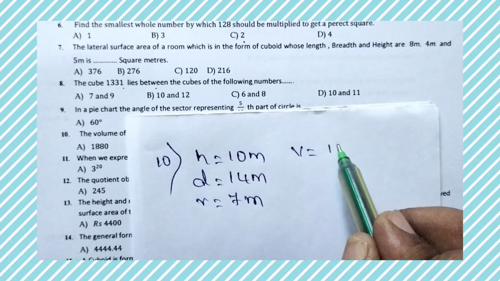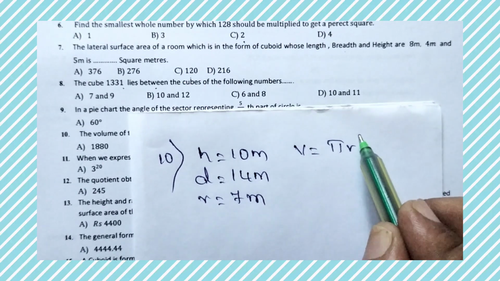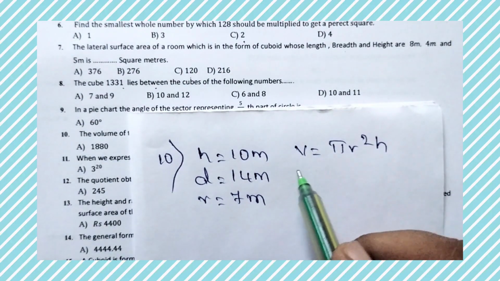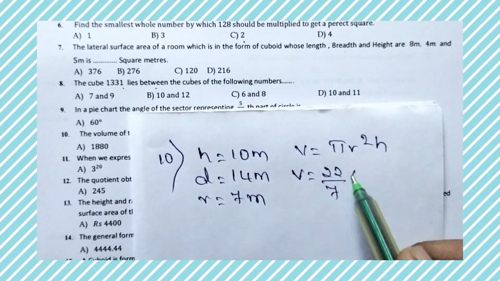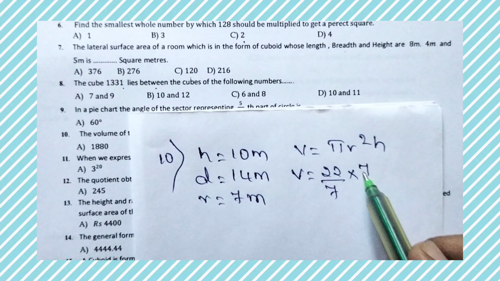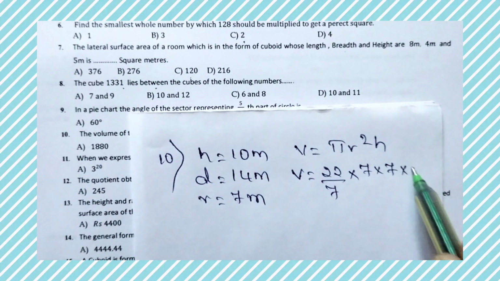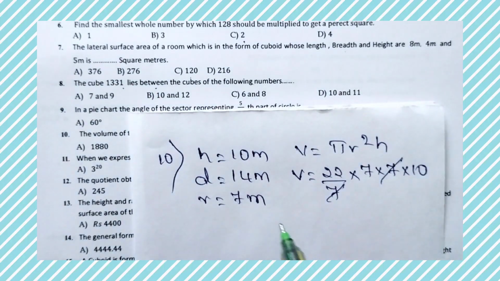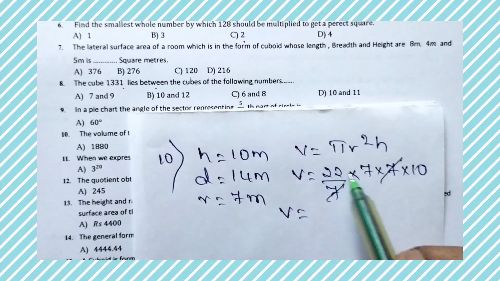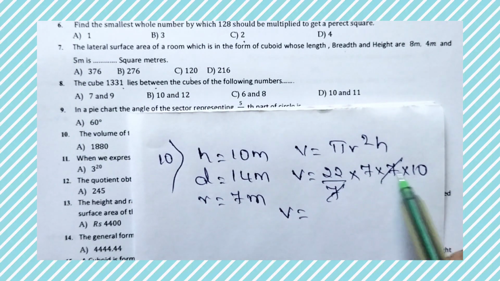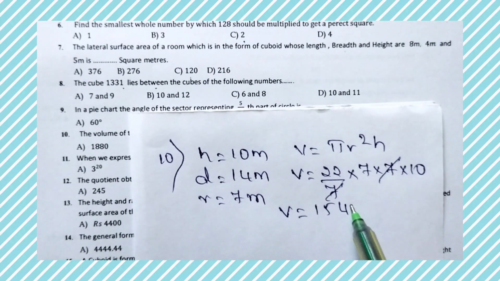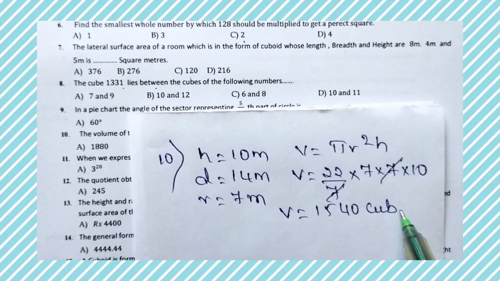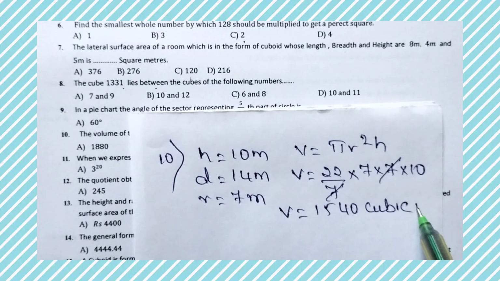Now let us find out the volume. Volume of a cylinder is V is equal to pi r square h. V is equal to pi, that is 22 by 7, into radius 7 into 7 into height 10. 7 7 cancel. That is equal to 22 7s are 154. 154 10s will become 1540 cubic meter.